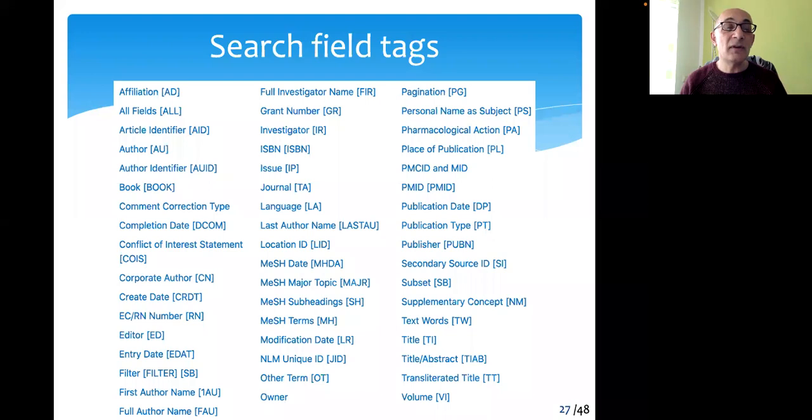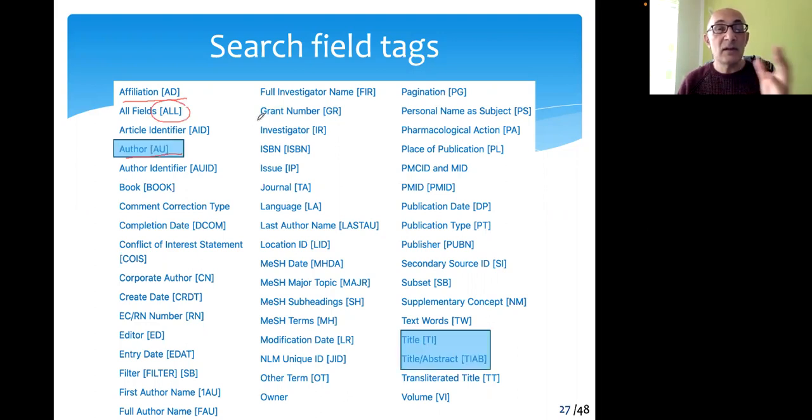Your affiliation is tagged under AD, the author names are tagged under AU, and so on. If you want to search all fields, you have the all tags, of course. These are the frequently used field tags: author, title, title abstract, title or abstract.